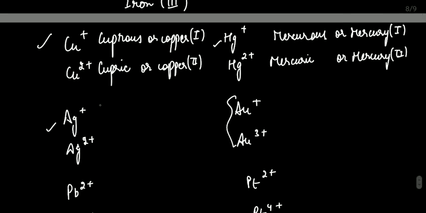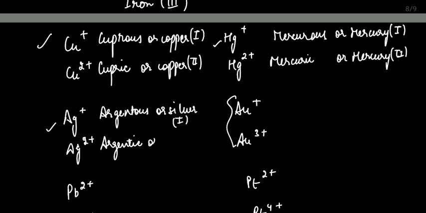Then we go to silver, Ag. The Latin term is argentum. So this is argentous, argentic. Or you can write it like this: silver with the Roman numeral 1, silver with the Roman numeral 2.